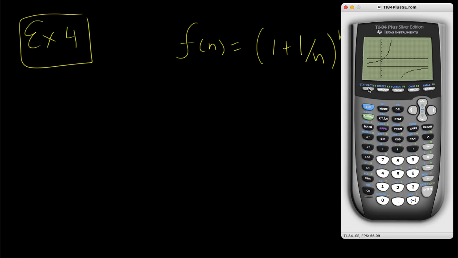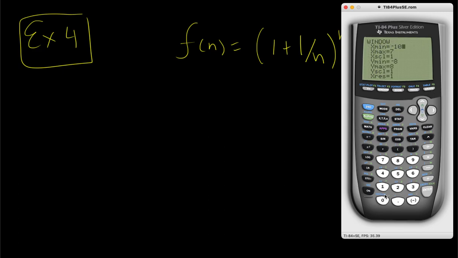We're going to go to y equals, clear this out, and it's going to show up as an x, but it's going to give us the same information. Okay. I'm going to change my window before I graph it.